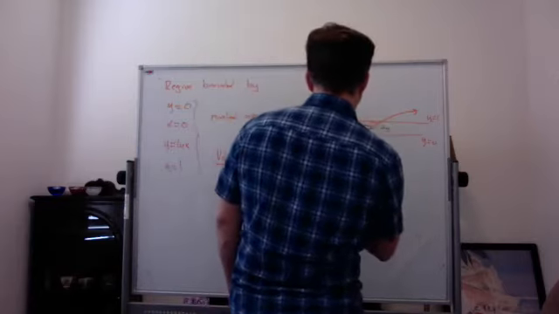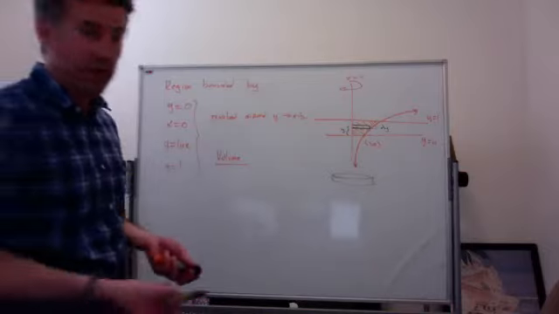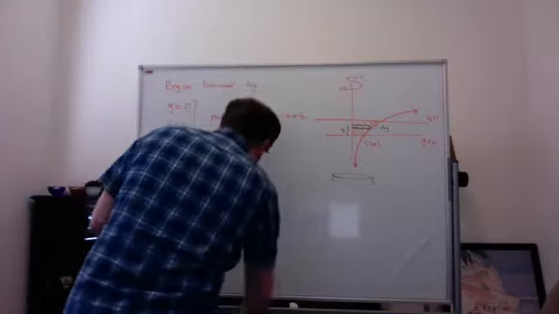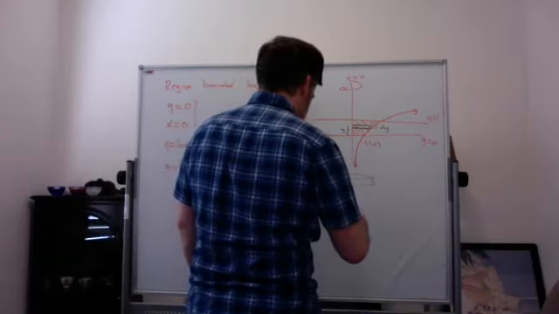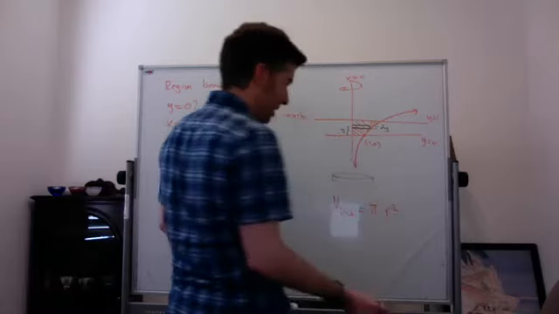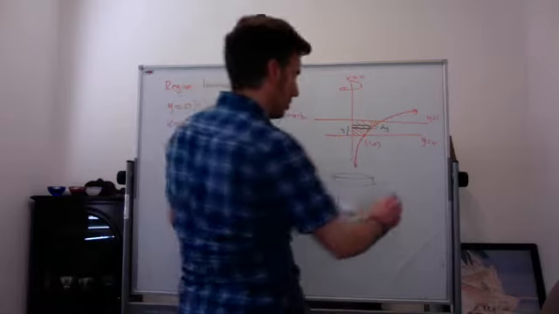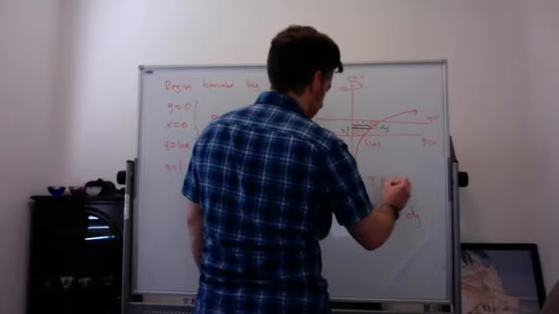I have done this before. I'm getting this disk shape. And the volume of this disk, very generally, is pi times the radius squared, that's the area of the circle, times the thickness of the disk, which is dy.